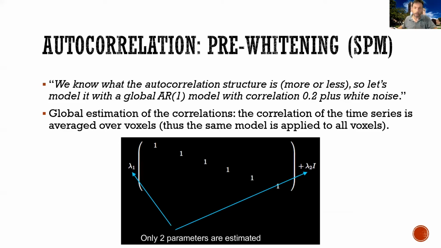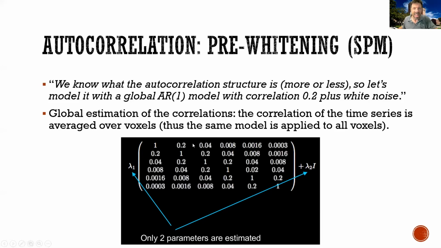In other words, what they're saying is, look, the variance covariance matrix, the off-diagonal elements, so the structure that you're likely to find in an fMRI experiment, always kind of looks like this. You can scale it with lambda 1 and lambda 2, with these two parameters. But we know what the off-diagonal elements look like, because they look like an AR1, a global AR1.